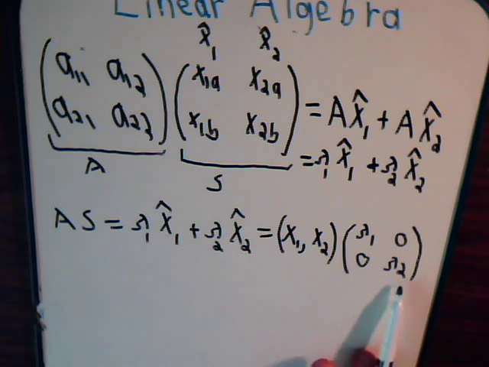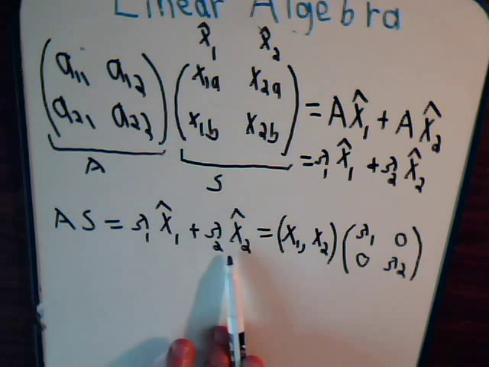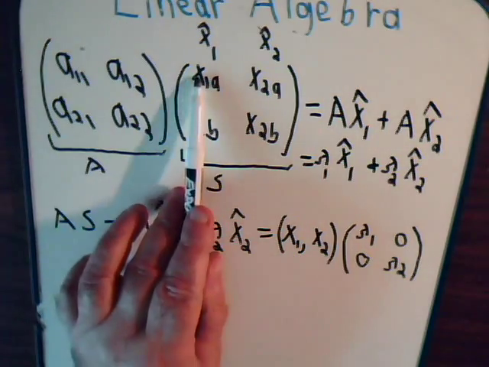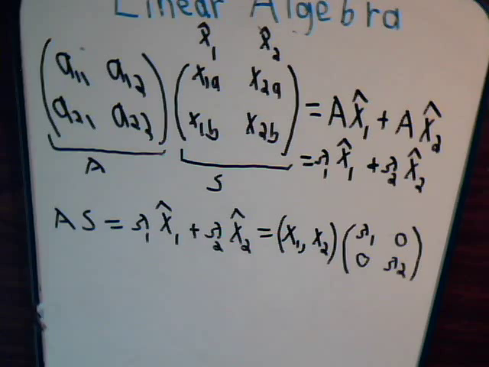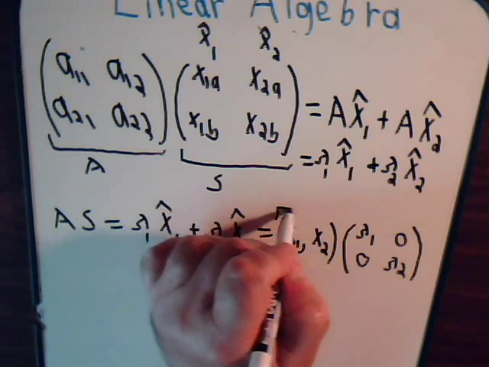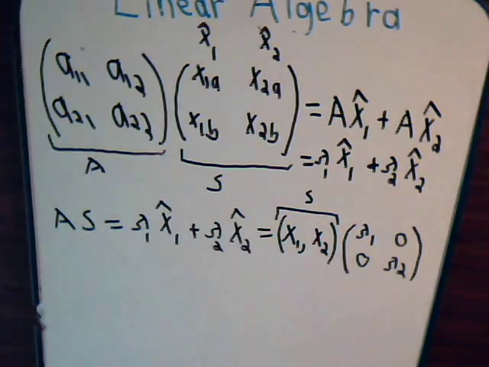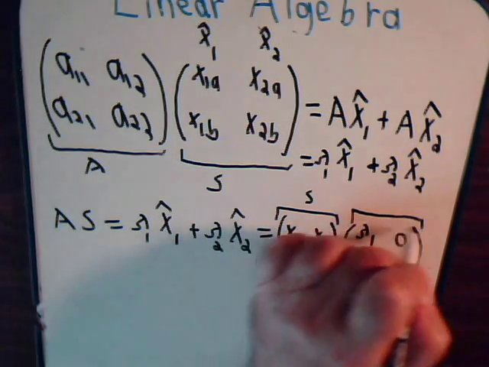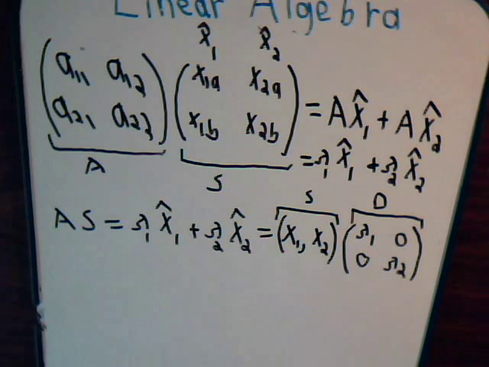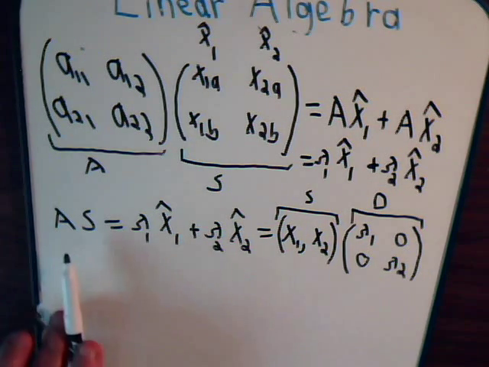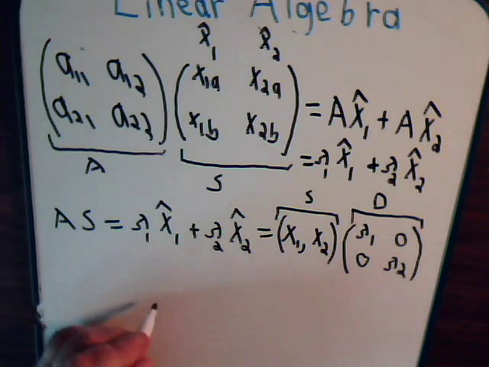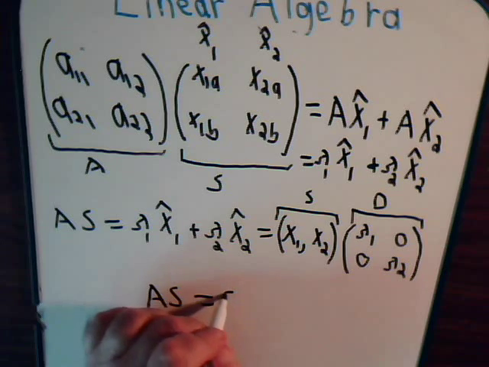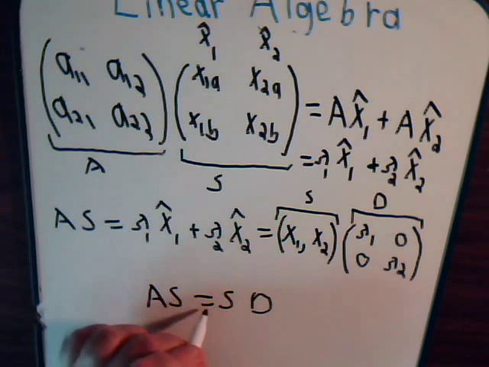Across and down we'll have lambda 2 times x2. Now, these of course have this component here, so this is just, again, our S matrix, and this they call the D matrix, D standing for diagonal. So what we have is A times S equals S times the diagonal matrix.